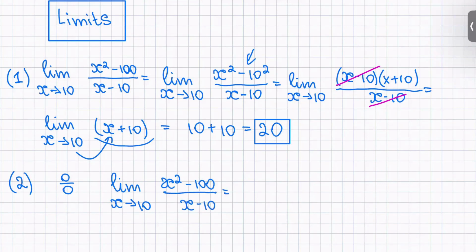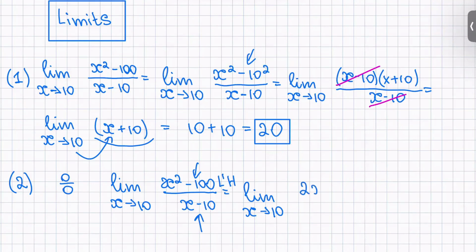L'Hopital's rule tells us that the limit when x is approaching 10 of x squared minus 100 over x minus 10 equals the limit when x is approaching 10 of the derivative of the top function over the derivative of the bottom function.